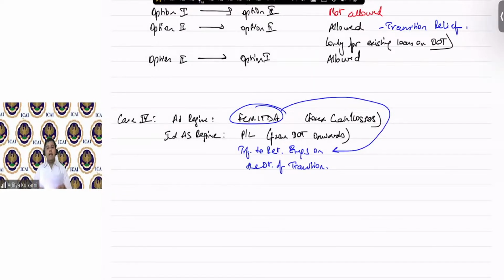You cannot take this hit to the profit and loss account. This is on convergence, on adoption, that we are following this. Okay. So FCMITDA, pull it into your retained earnings, and going forward, you book it under the profit and loss account, the existing loans. Is it okay?